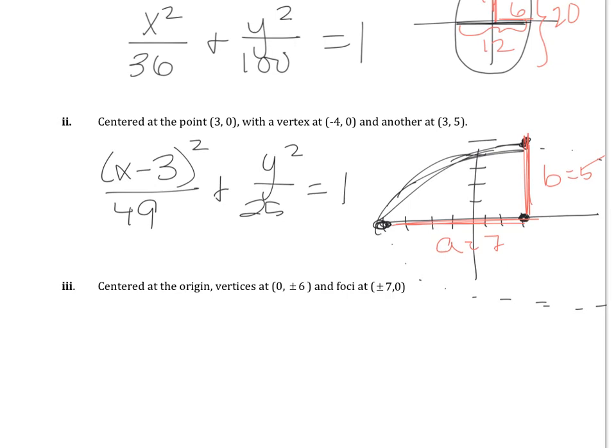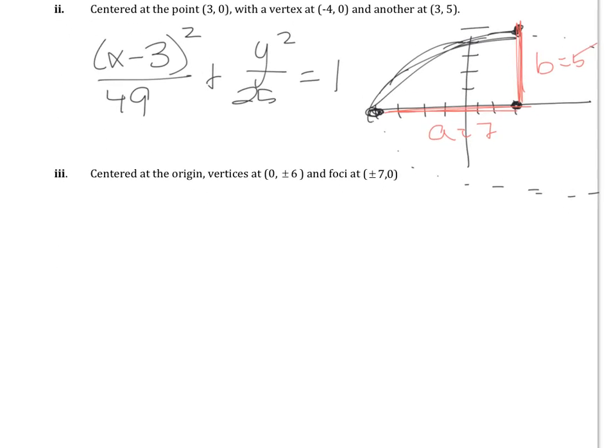Okay, last one here. Centered at the origin. So we've got a center at the origin. We have vertices at (0, ±6), so we have a 6 and a -6. Those are vertices. And then it says foci at -7, so this is F1, and 7, F2.